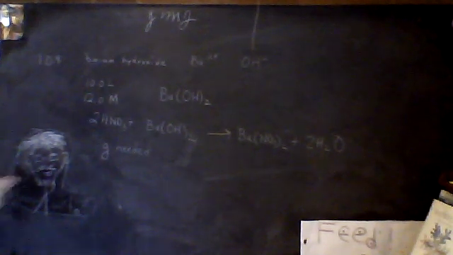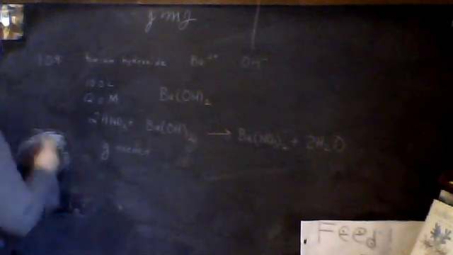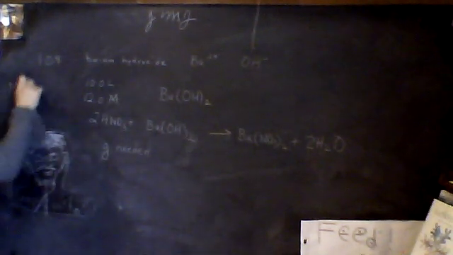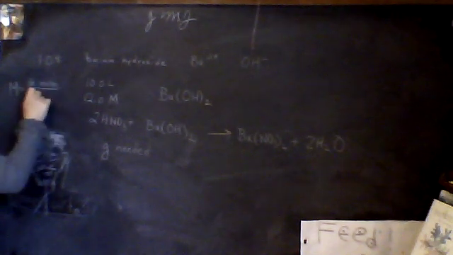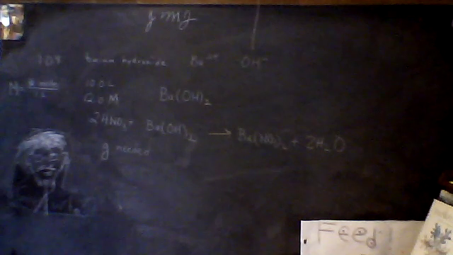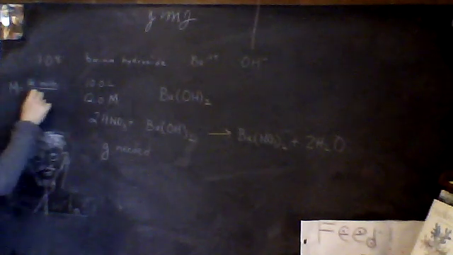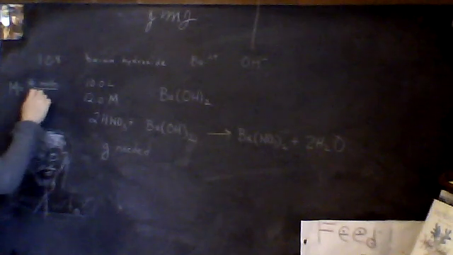Now, what does molarity mean? It means moles over liters, the number of moles per number of liters, or per 1 liter. I'm going to use that information to figure out how many moles of nitric acid I'm using.